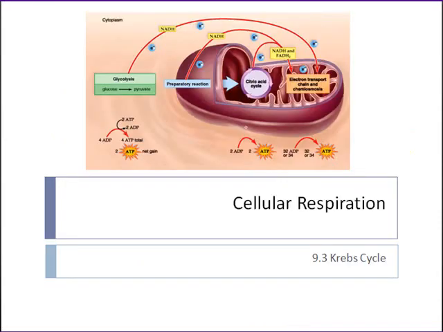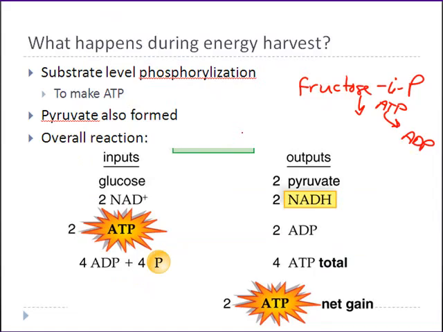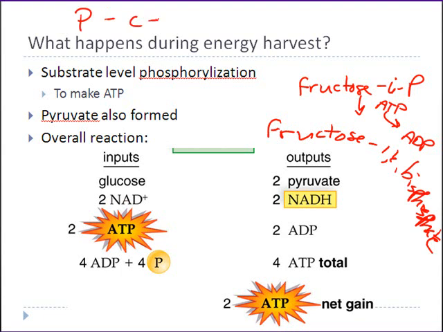So now we're going to have fructose 1,6 bisphosphate. And you know what? That's a fancy way of saying we added another phosphate group on the other side of the molecule. So now we have a fructose, a 6-carbon sugar, with a phosphate group on one end and a phosphate group on the other.